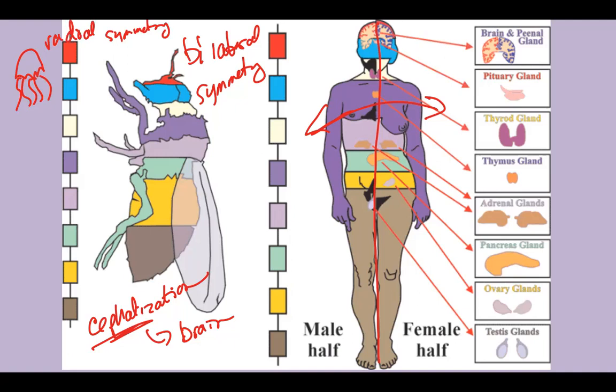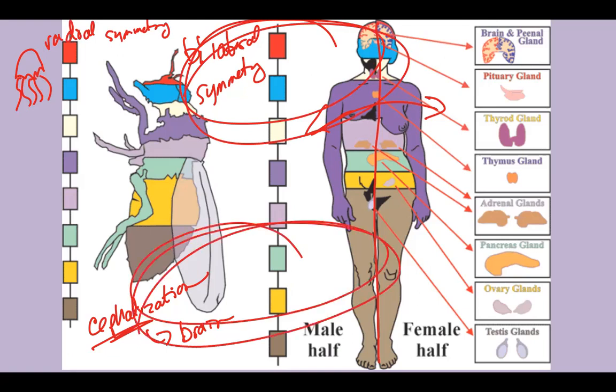The reason bilateral symmetry is such a bigger advantage is that you have a very distinct head region, up towards the top, and a distinct tail or posterior section, which is the bottom. This allows all of the brain-type stuff to develop in the anterior or head region, because this is where the eyes are. This is generally where the mouth, the nose, the ears, all of the sense organs are located, and that is because of bilateral symmetry.